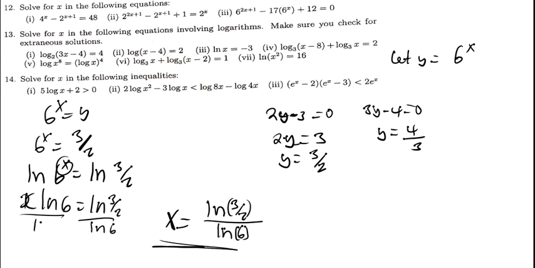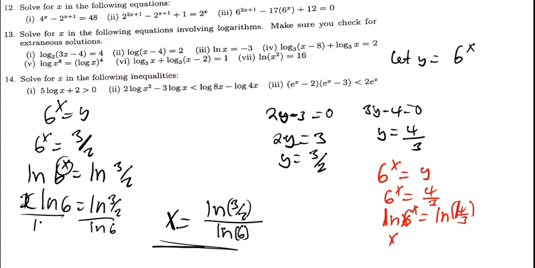The second answer: 6 to the power x is equal to y, so 6 raised to the power x is equal to 4 over 3. Introduce ln, so it will be ln of 6 raised to the power x is equal to ln of 4 over 3. You can put them in brackets. The property of log allows us to shift the power.